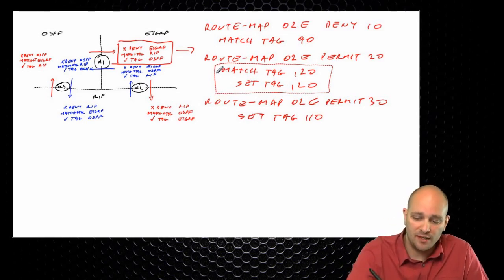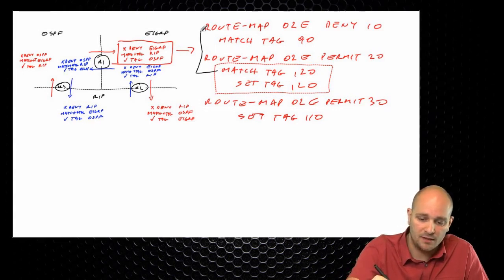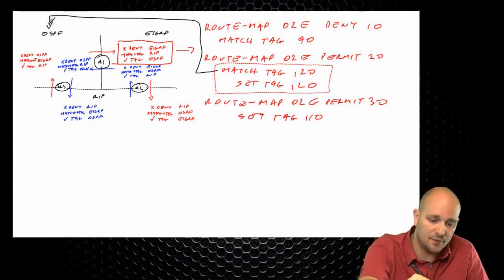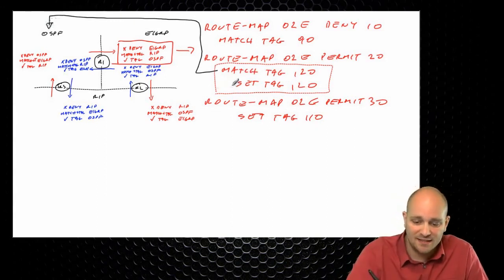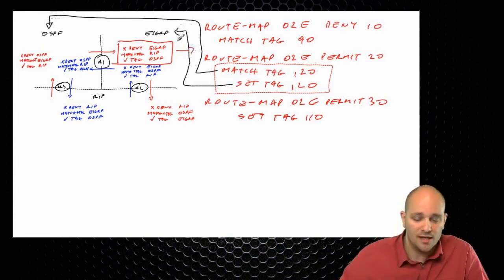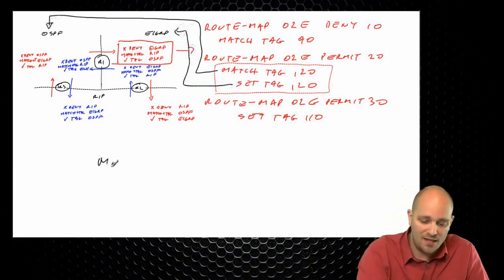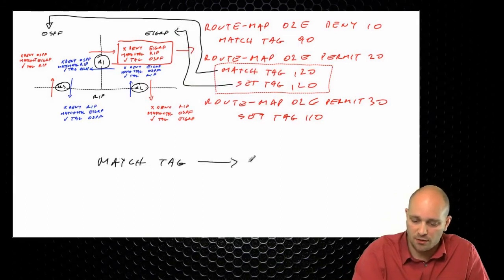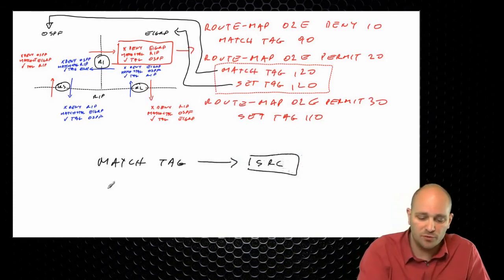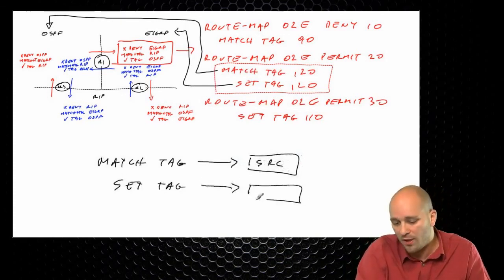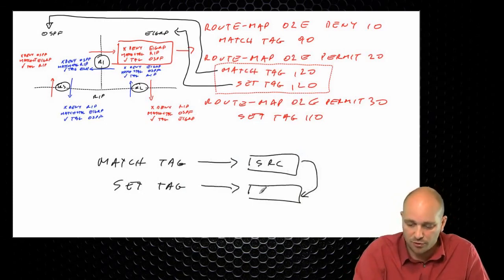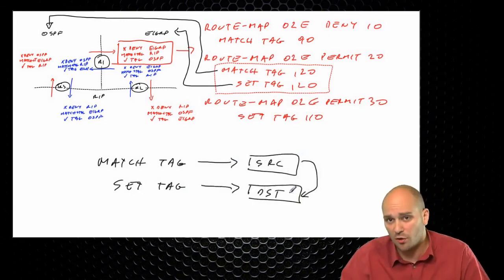Now, the important thing here to note is that this match tag takes effect against the incoming OSPF route. This set tag takes effect on outgoing EIGRP route. So basically, match tag matches the source route, so whatever we are receiving from the source, and set tag is the action that we are going to take when we actually generate the route for the destination routing protocol.